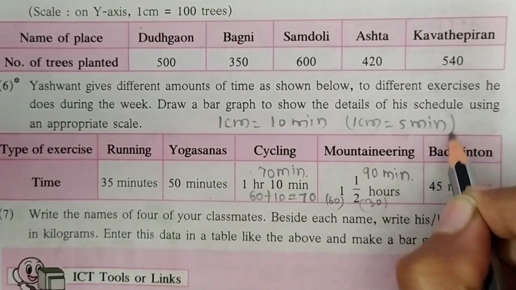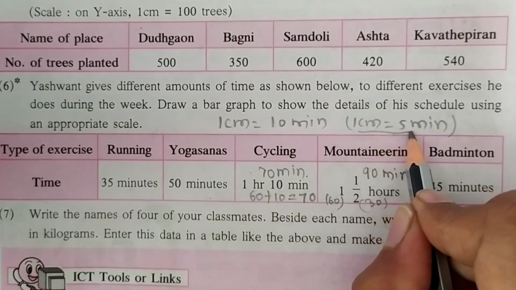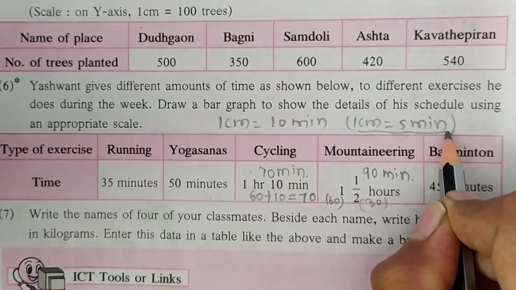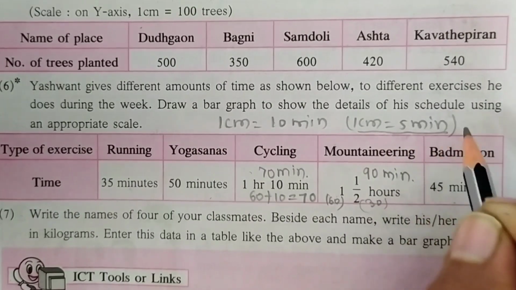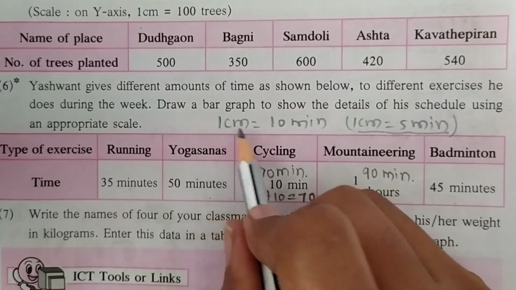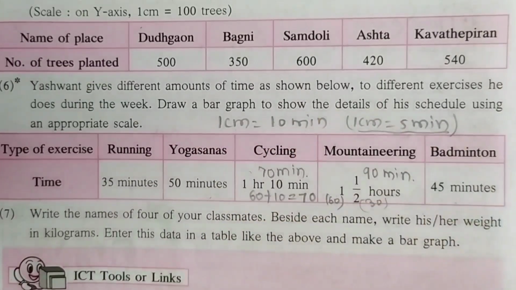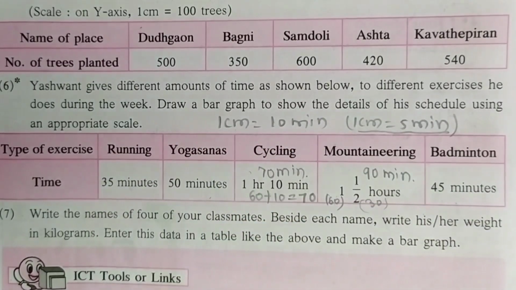But when we take this scale, our graph is too long. So we are going to take 1 centimeter is equal to 10 minutes. So let's draw the graph for the 6th question.